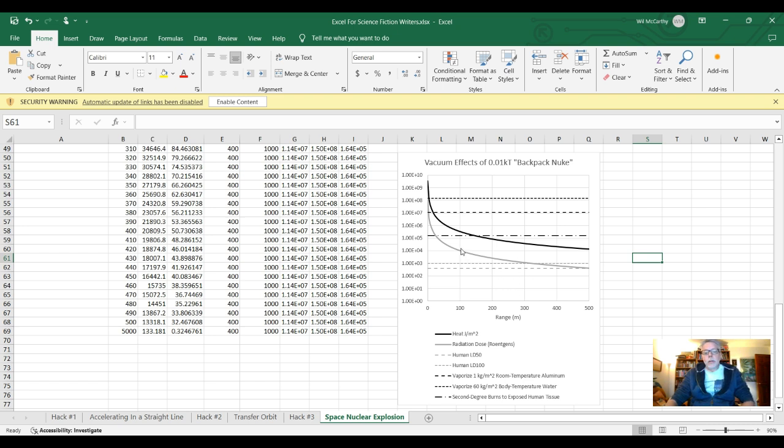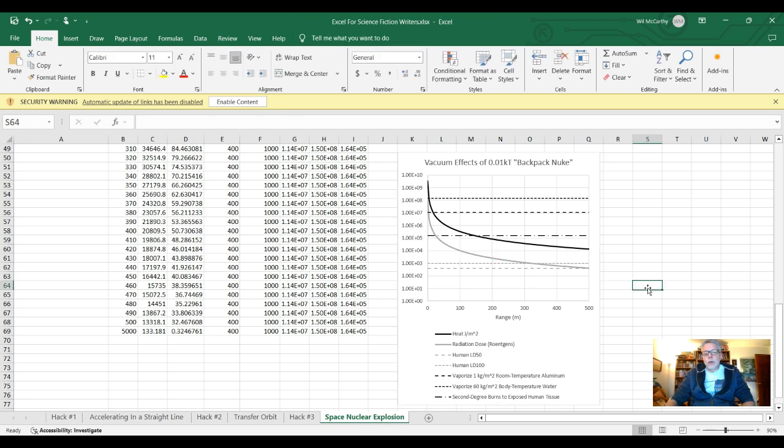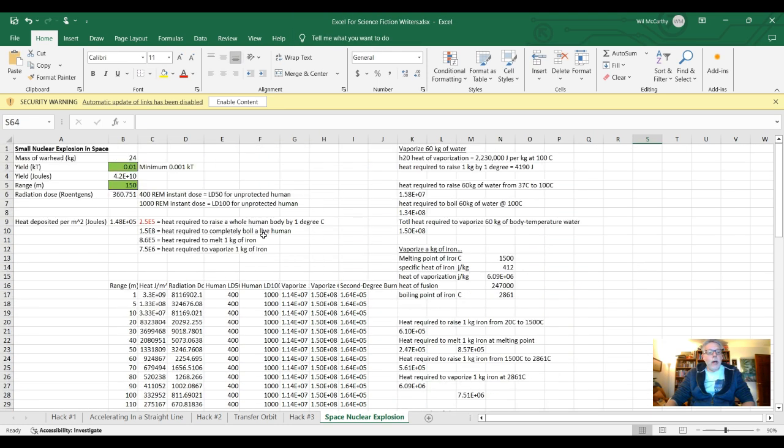Now, if you want to calculate a conventional explosion, it's very simple. Just delete the ionizing radiation curve here. We don't have one. And instead of having our yield in kilotons be from a 24 kilogram device, our yield in kilotons is from a 0.01 kiloton device. So again, 10,000 pounds of TNT.